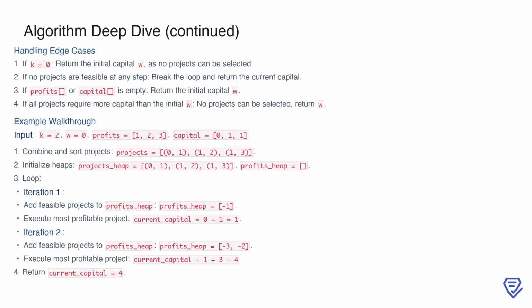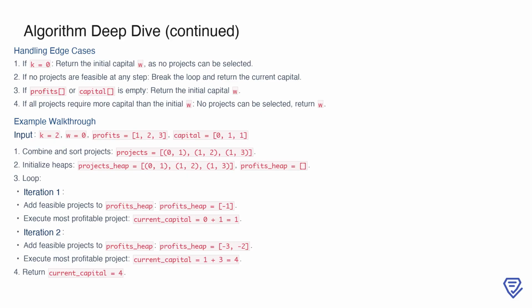To illustrate, let's consider an example where k equals 2, W equals 0, profits equals 1, 2, 3, and capital equals 0, 1, 1. After combining and sorting the projects, we have projects equals (0, 1), (1, 2), (1, 3). Initially, projects_heap contains all the projects, and profits_heap is empty.